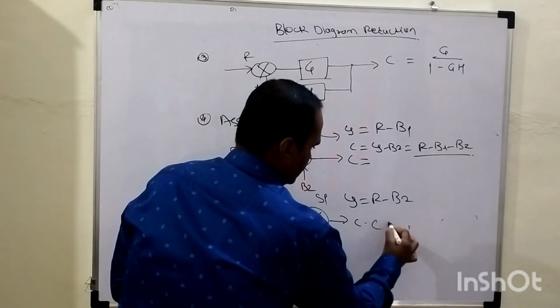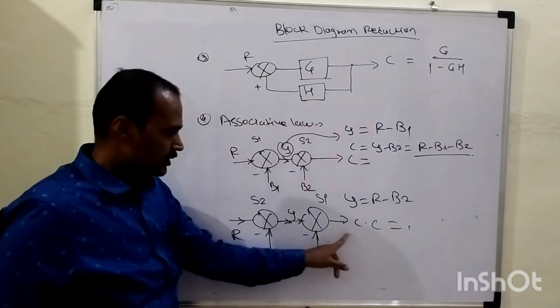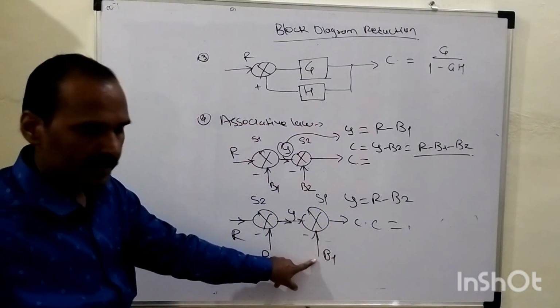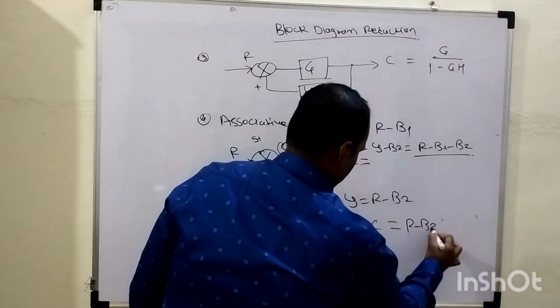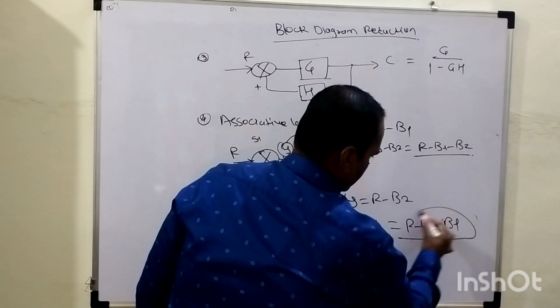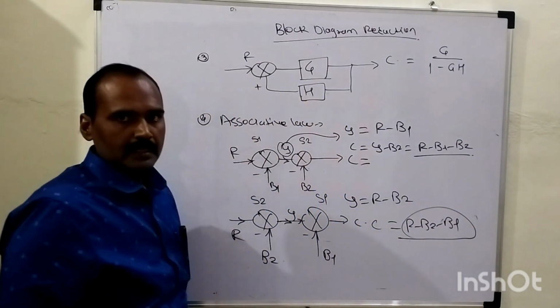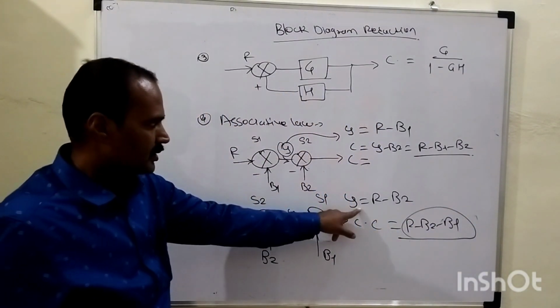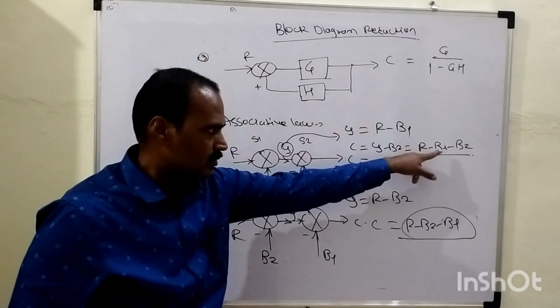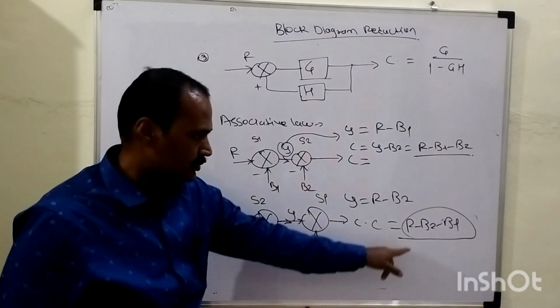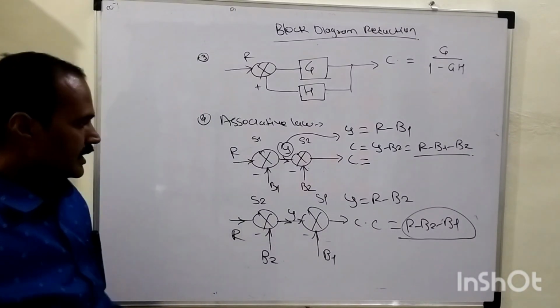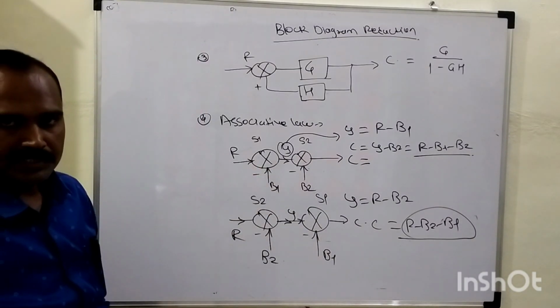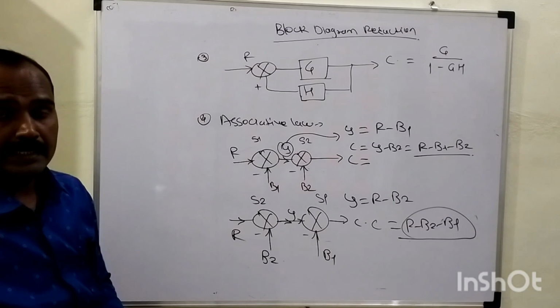And what does this C stand for? C is nothing but Y minus B1. So it will become R minus B2 minus B1. Means we can retain the same statement as compared to the first one. Here R minus B1 minus B2 is as good as R minus B2 minus B1. Means we can definitely change the order of these summing points whenever they are connected in series form.